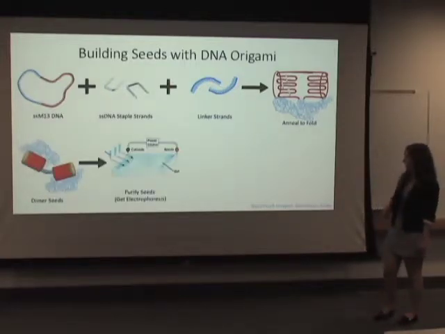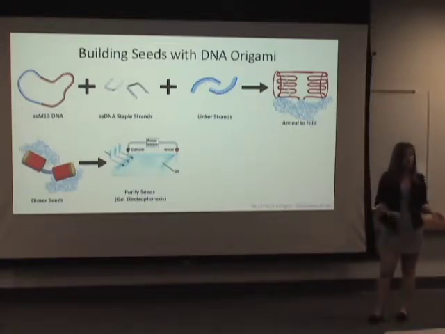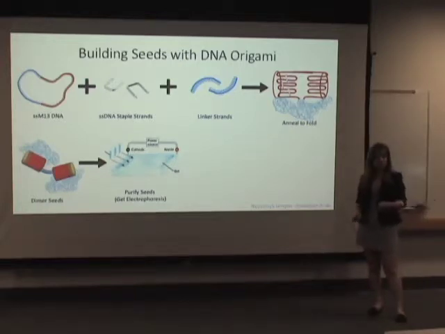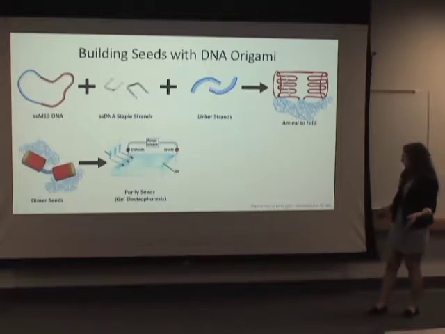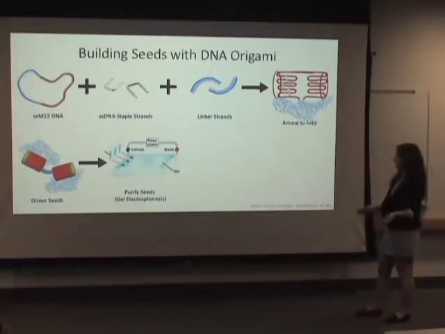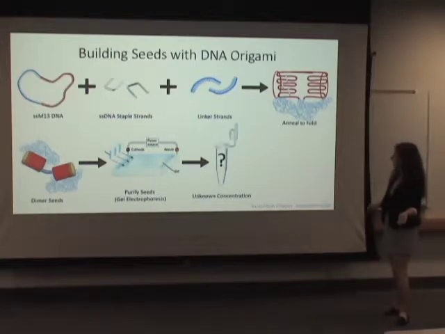So how exactly do we make our nunchucks? Well, we start with a ring of single-stranded M13 DNA from a bacteria phage. And next, we add our staple strands. And these are pieces of single-stranded DNA that allow us to fold the M13 DNA into our seed shape. And we also add linker strands. And we have 2 corresponding linker strands, and half of the seeds get one type and half get the other.